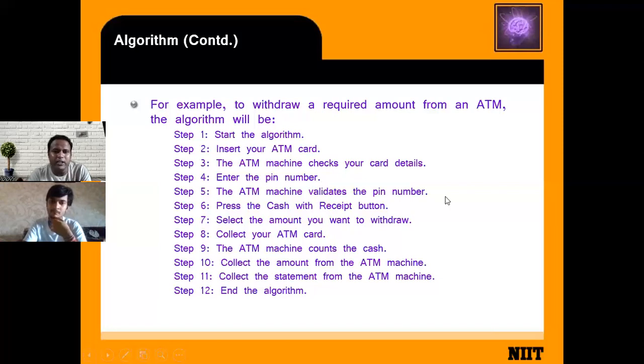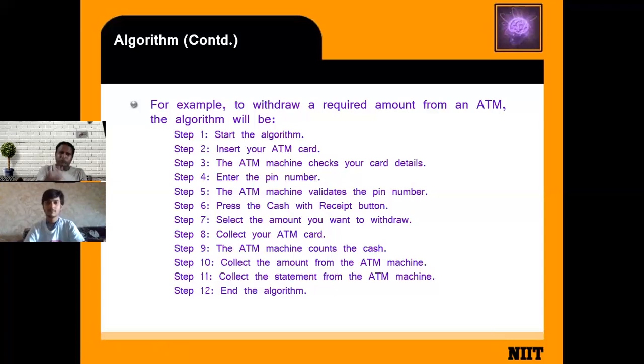The ATM machine validates the PIN number. Then press the cash with receipt button. Then select the amount you want to withdraw. Then collect your ATM card. The ATM machine counts the cash. Then collect the amount from the ATM machine. Then collect the statement from the ATM machine. Then end of the algorithm.